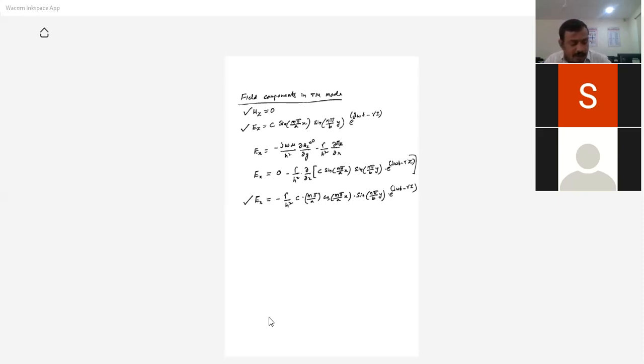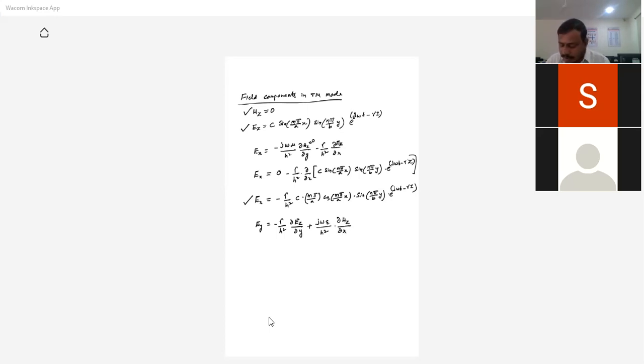In the same way, you write the expression for Ey. So Ey is equal to minus gamma by h square dou Ez by dou y plus j omega epsilon by h square dou Hz by dou x.